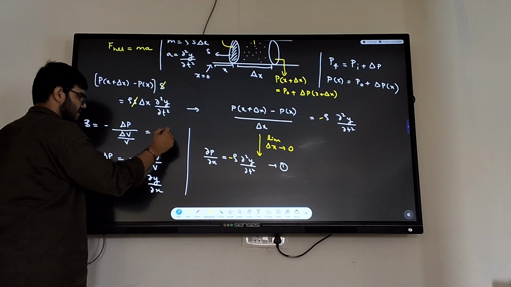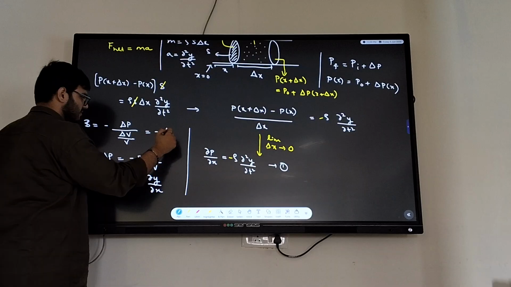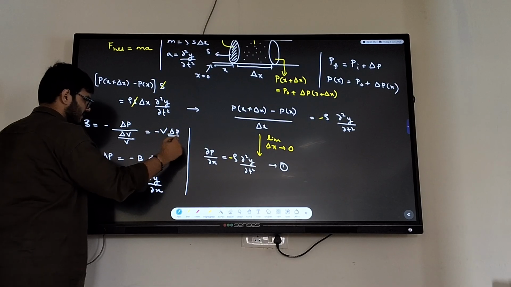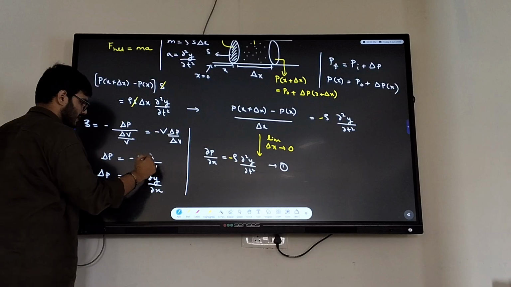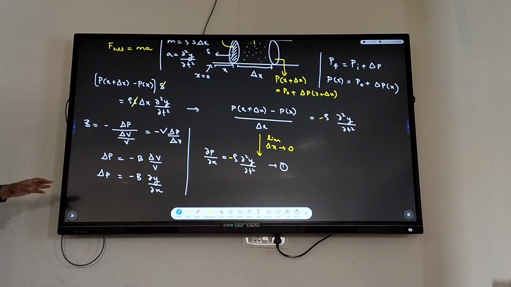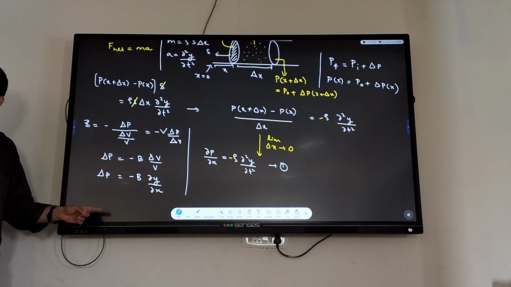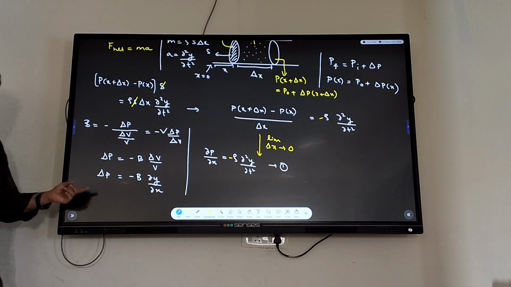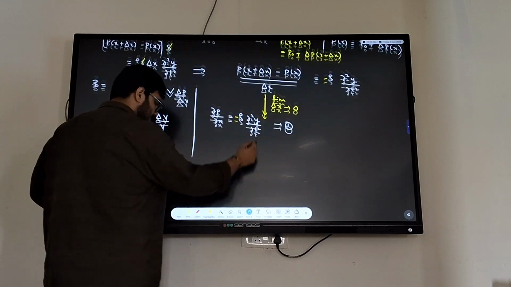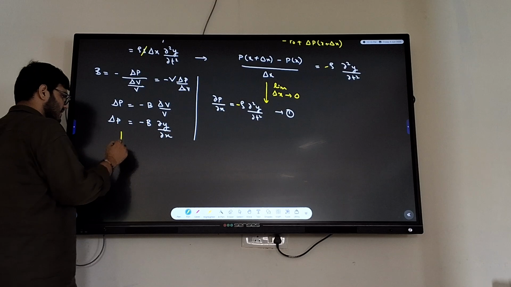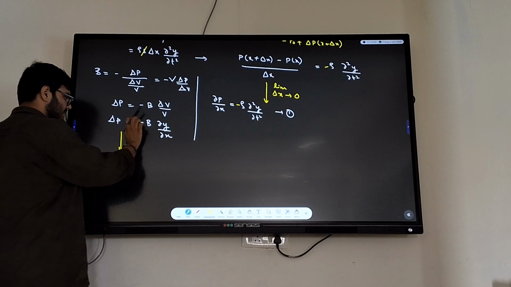Those are changes. You can take delta or d right now. So this is delta P by delta x, and this I found to be minus B del y by del x. If I divide by delta x, and in the limit delta x tends to 0, what will the left hand side become?